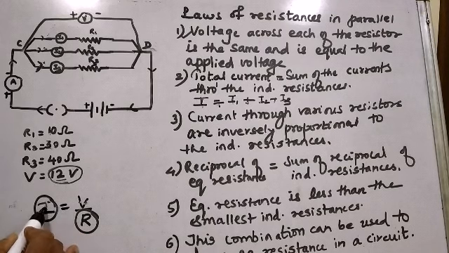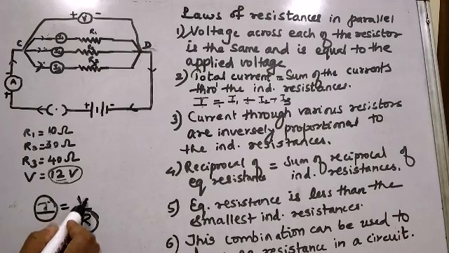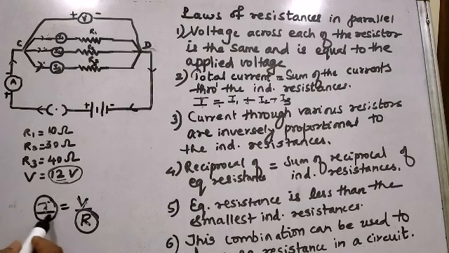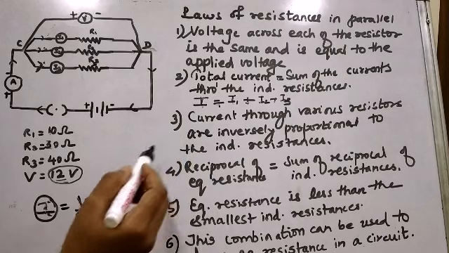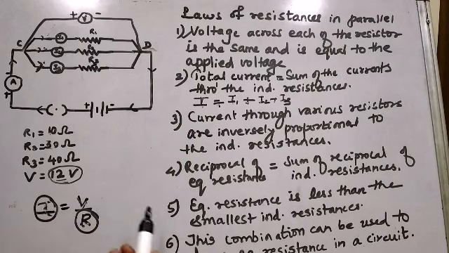When you decrease the voltage, current will decrease. But since it is V upon R, current and resistance have an inverse relationship. When current increases, resistance decreases. When current decreases, resistance increases. So the currents through various resistors, say R1, R2 and R3, are inversely proportional to the individual resistances.